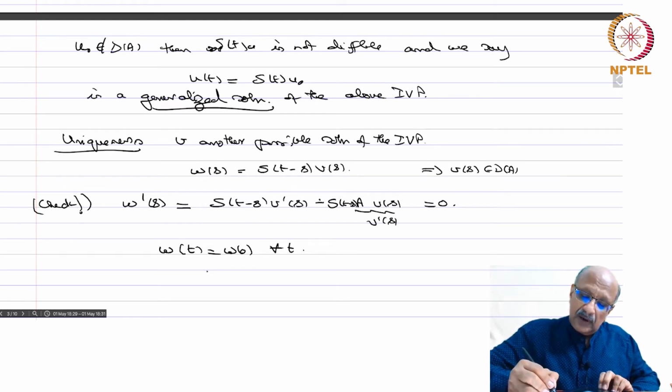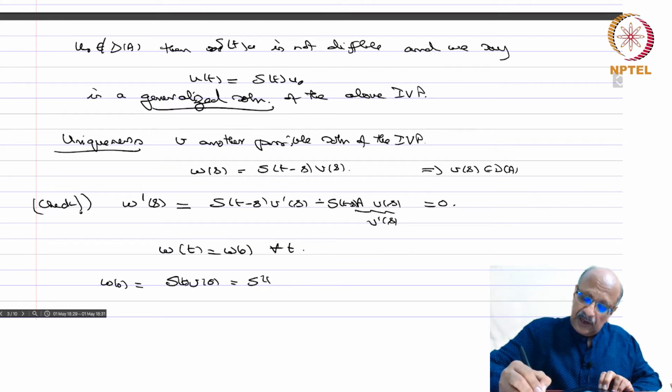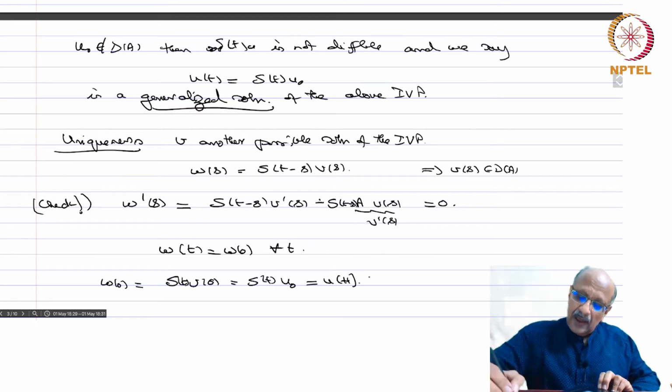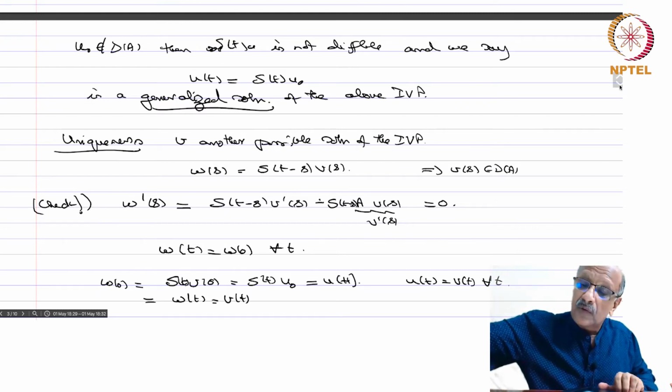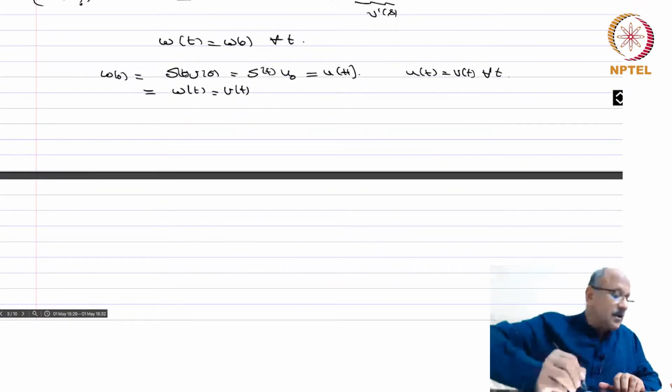That is nothing but S(t)v(0), which is equal to S(t)u0, which is equal to u(t), okay, and that is equal to w(t), which, if s equals t, is just v(t). So, u(t) = v(t) for all t. So, that means the solution is unique. So, we have a unique solution provided u0 is in the domain.